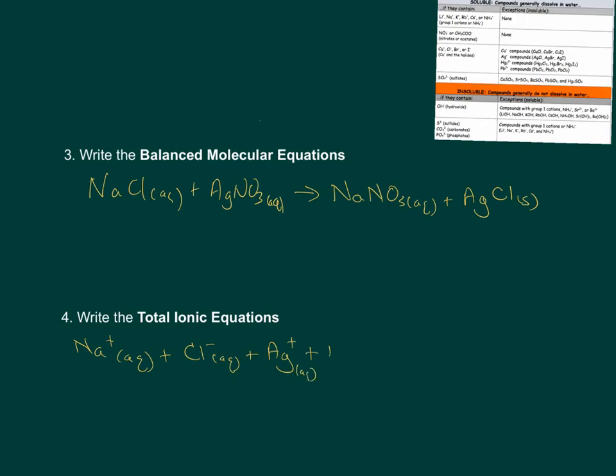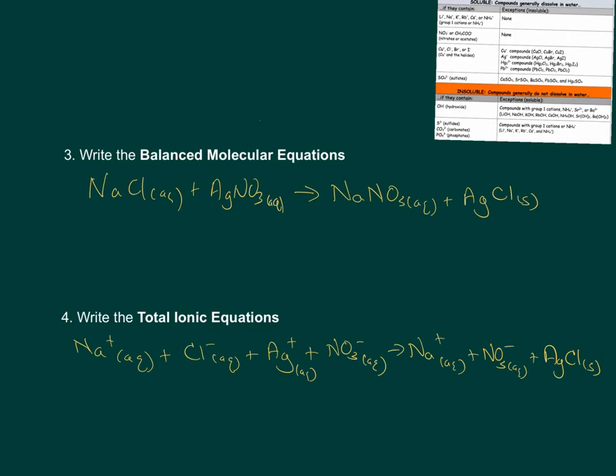And I'm adding all of the AQ subscripts to denote that they are aqueous species. So on the right side, the sodium nitrate is also an aqueous species, so that has to be broken up into its cation and anion pairs. But the silver chloride is our precipitate, so we leave it associated with this S subscript.